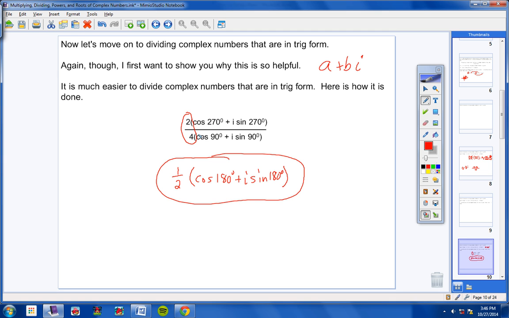So it's really, really helpful, okay, to have a trig form of a complex number. Okay, moving on. Hopefully this makes sense. Let's review one more time. You take your two hypotenuses, you divide them, and then you subtract your angles. Take your top angle minus your bottom angle. Okay, pretty simple. Okay, moving on.